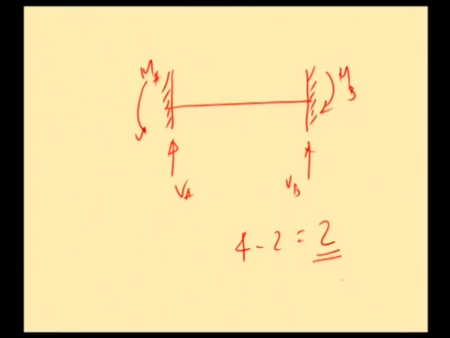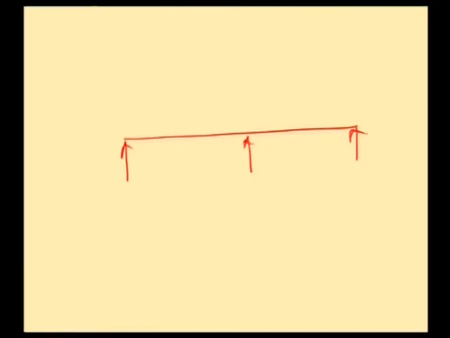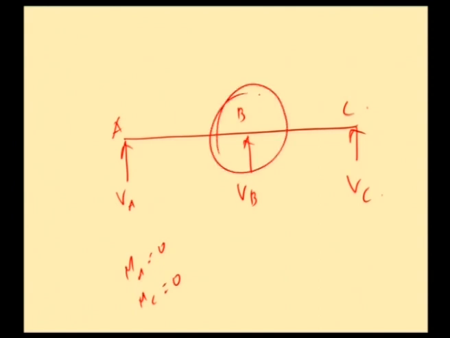And then we will take the case of a continuous beam, because these are all examples of indeterminate structures. A continuous beam like this, say we have V A, V B, V C, say A, B, C. In a continuous beam, the bending moment at A will be 0 and the bending moment at C will be 0, because they are free ends, and we will be having a moment at the continuous support.